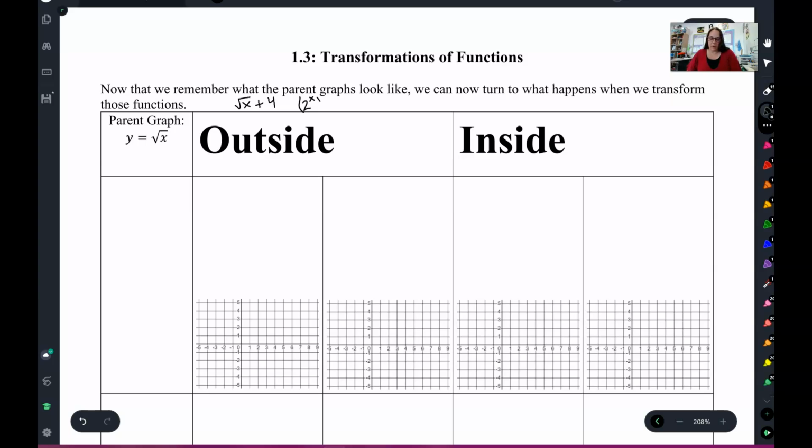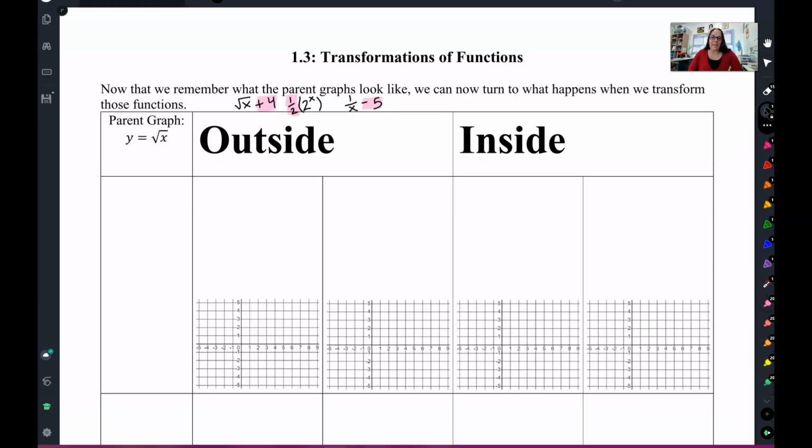If I am multiplying outside that exponential. Or another example, here's a rational. If I subtract 5 outside that fraction. Those are all things that are happening outside the main function area. That's what I mean when I say outside.